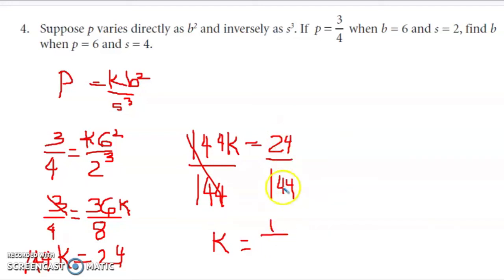And 144 divided by 24 is 6. So your K now is 1 over 6. So by substitution now, P is equal to, since that is a fraction, 1 will be on the numerator. So that will only be B squared all over 6 S cubed.